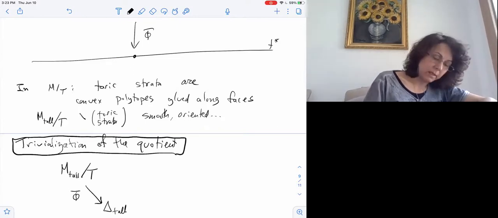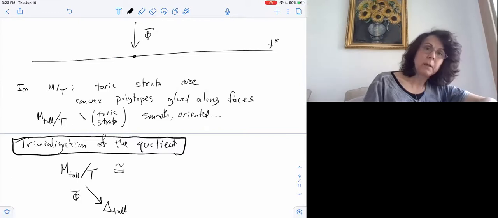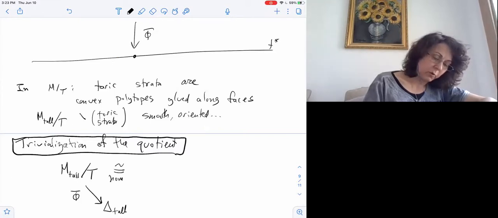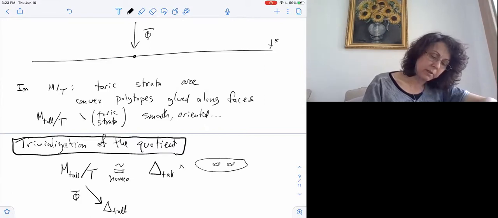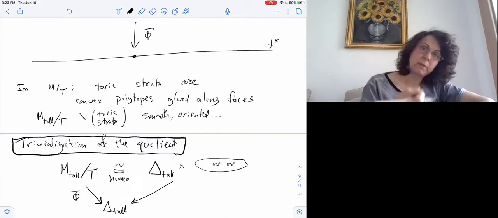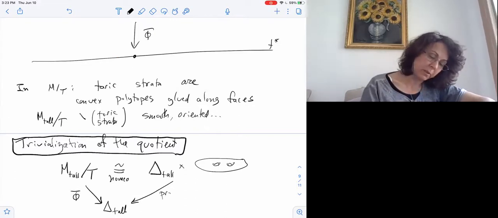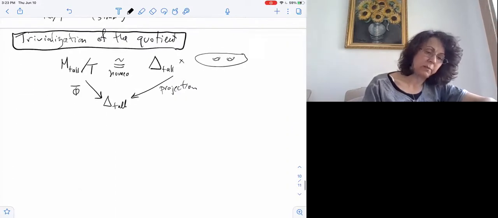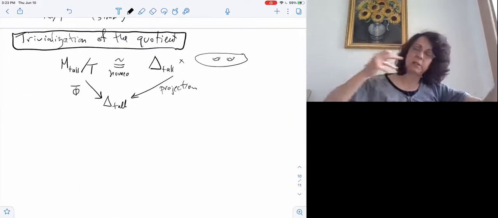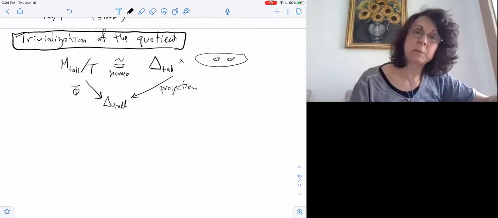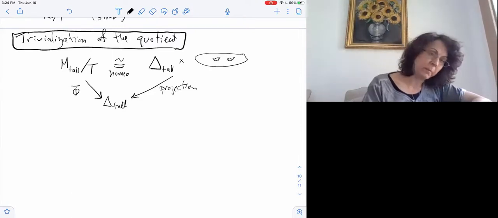It turns out that topologically speaking, this is homeomorphic to just a trivial bundle, to just a polytope cross a surface, such that the orbital momentum map is just a projection. Now, there's no way of making this smooth because these guys come with freckles and the freckles keep changing from point to point. You can't make this smooth, but topologically this is trivial.